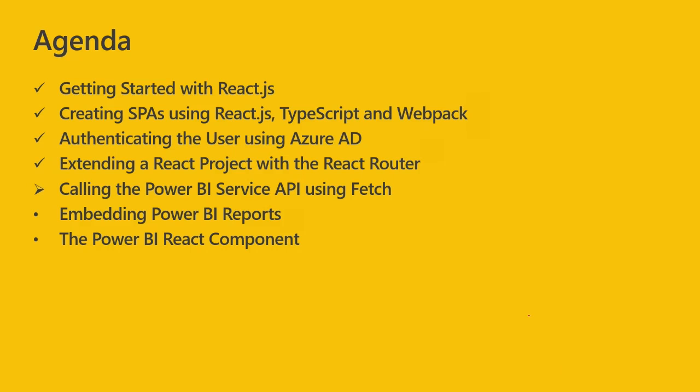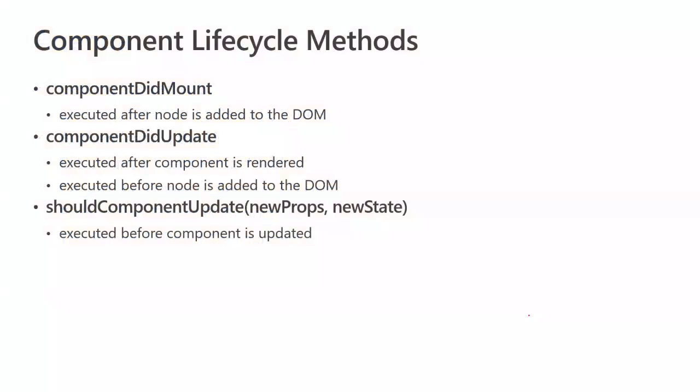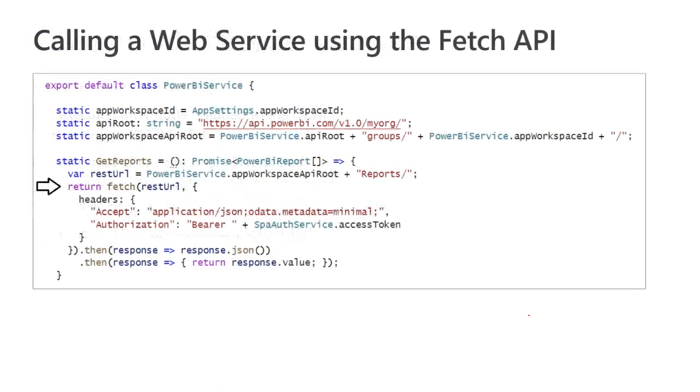So what I wanted to do there is step through and show how you can get the example up and running. If you look into the Power BI Service API class, you'll see that it uses just the regular React Fetch API. The idea is that you can call the Fetch API, but you have to put the access token inside of the authorization header.